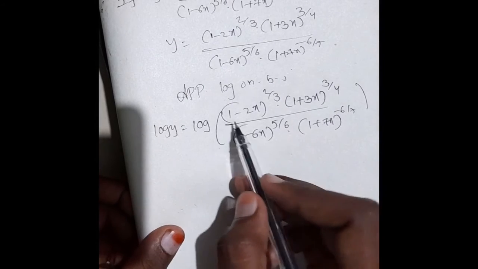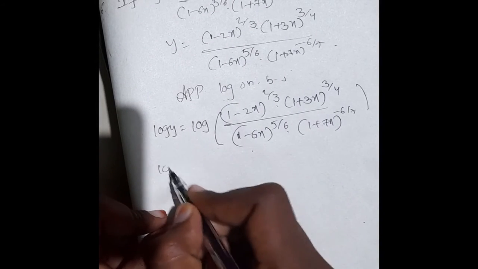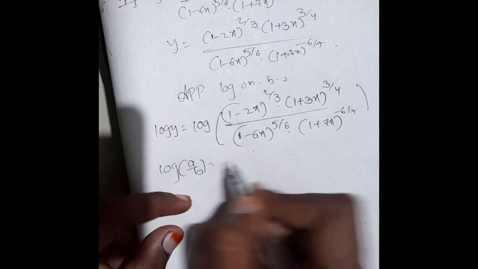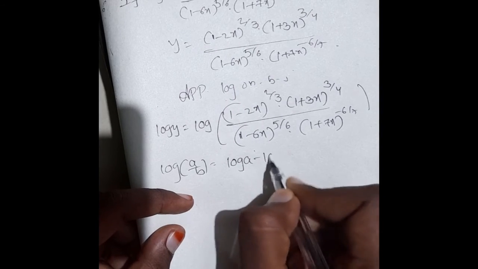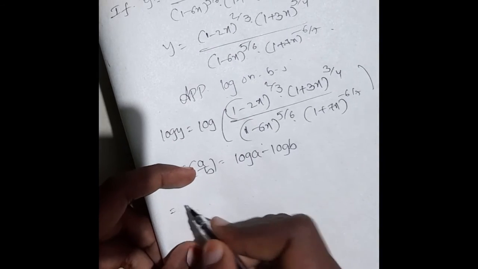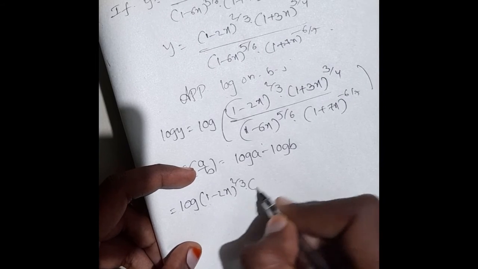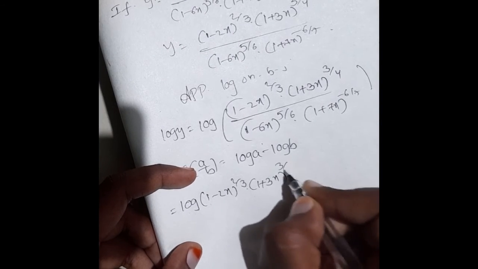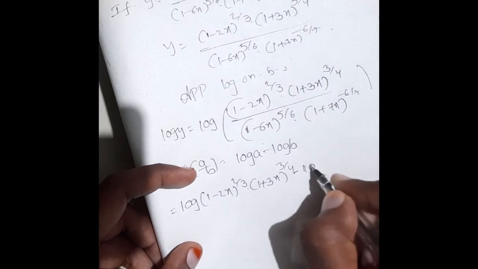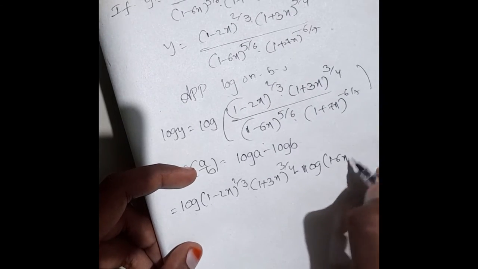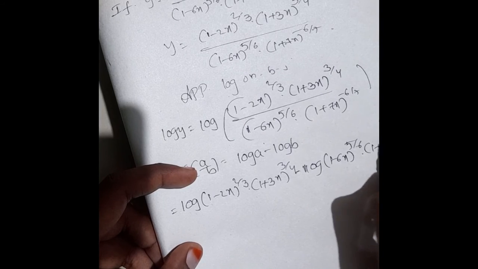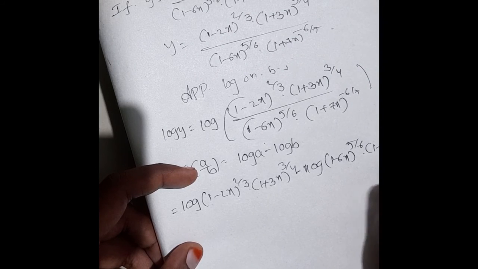Now, what is the formula of log a by b? Log of a by b equals log a minus log b, right? Now it is log of (1 minus 2x) to the power 2 by 3 times (1 plus 3x) to the power 3 by 4, minus log of (1 minus 6x) to the power 5 by 6 times (1 plus 7x) to the power 6 by 7.